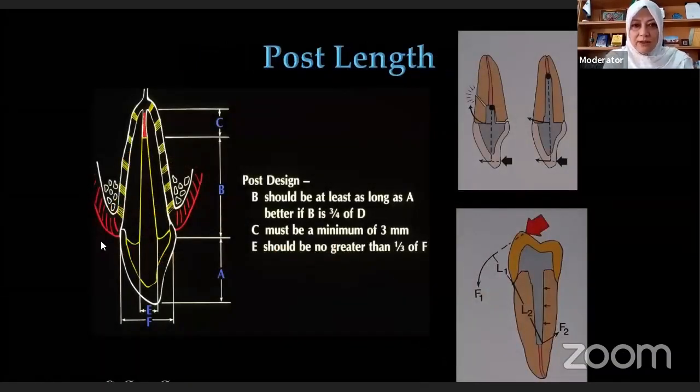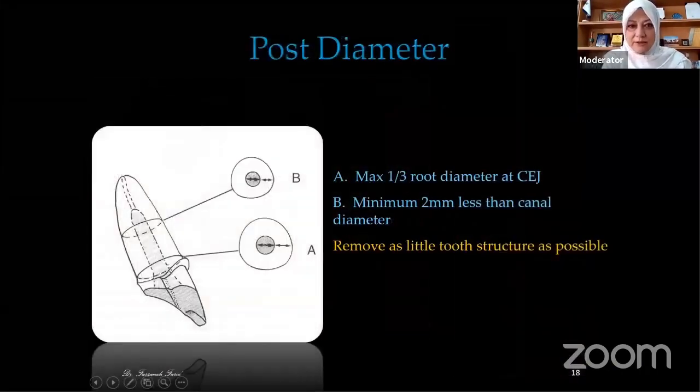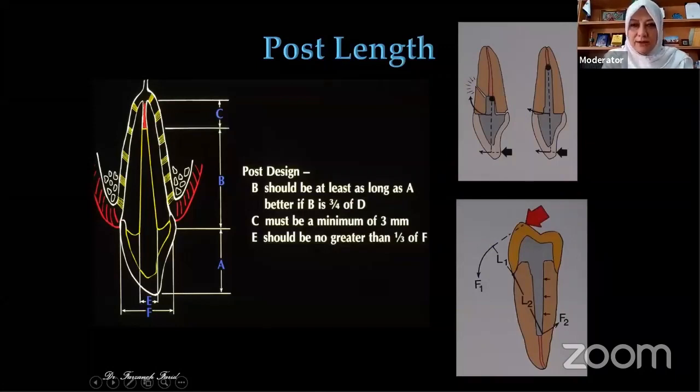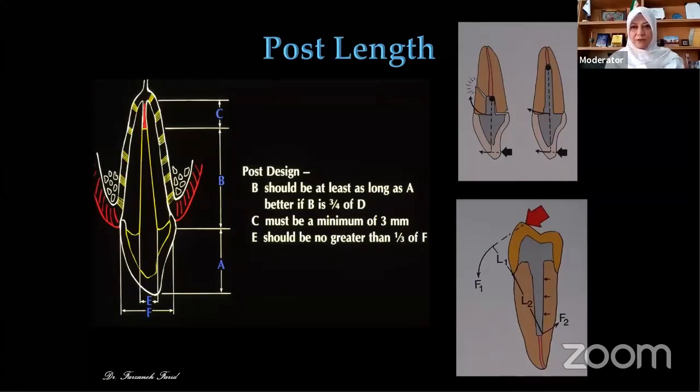The post length is very important because it makes the retention. For us, the longer the post, the more retentive is the post inside the canal and the superstructure. However, the limiting point is the remaining apical gutta percha. It shouldn't be less than 4 to 5 millimeters.